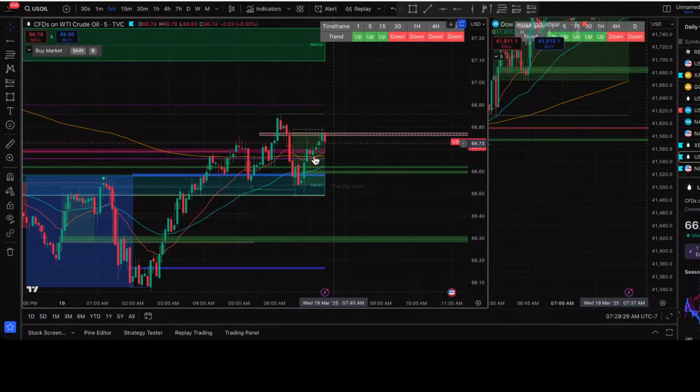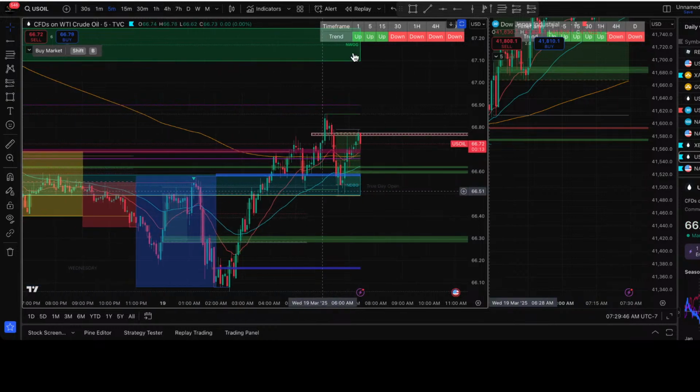But let's see what happens here first, because we did manipulate down and we did hit the end dog, new day opening gap, and a blue zone. This thing could go up, but I'm only interested in a sell today.